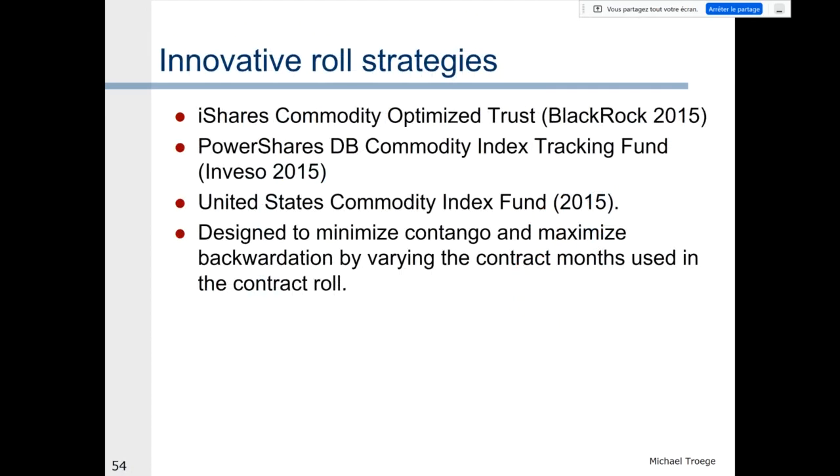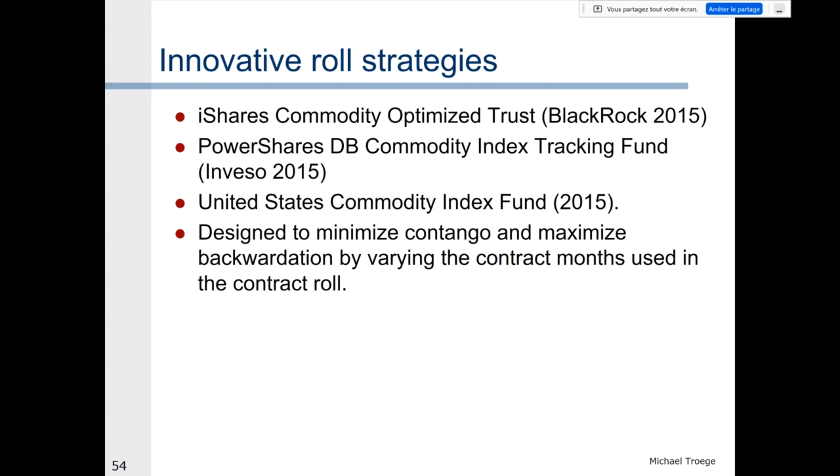Lost for investors, gain for, of course, the commodity trade advisors that are on the other side of the deal. Now, this hasn't escaped investors, and that's why you now have indexes that prescribe more flexible and more intelligent roll strategies, designed to minimize contango and maximize backwardation by varying the contract months.